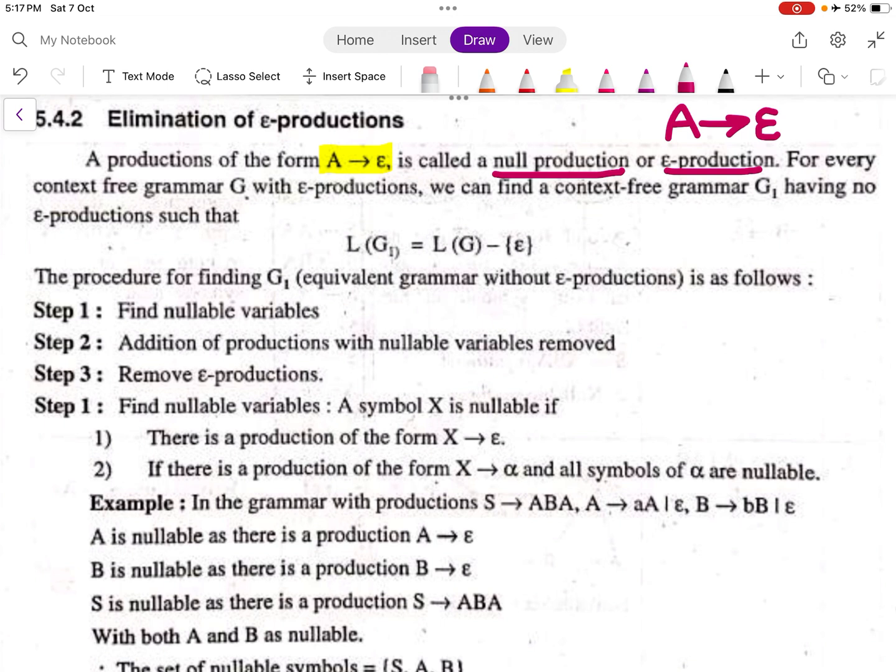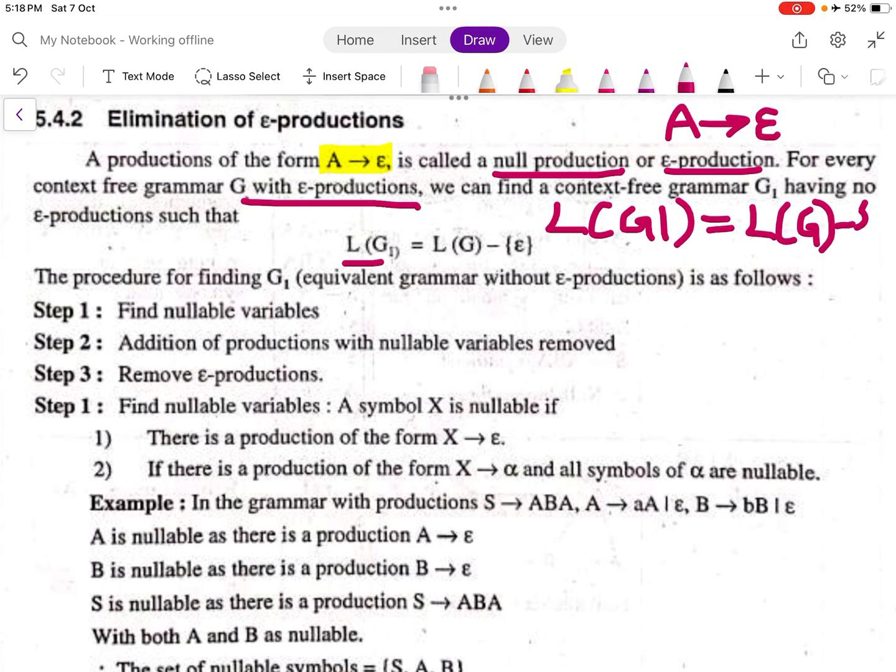For every context-free grammar G with epsilon productions, we can find a context-free grammar G1 having no epsilon production, such that, how will you do that? That context-free grammar G1 having no epsilon productions will be found out as L of G, that means the original grammar with epsilon productions minus the epsilon productions, you get the new context-free grammar G1 having no epsilon productions.